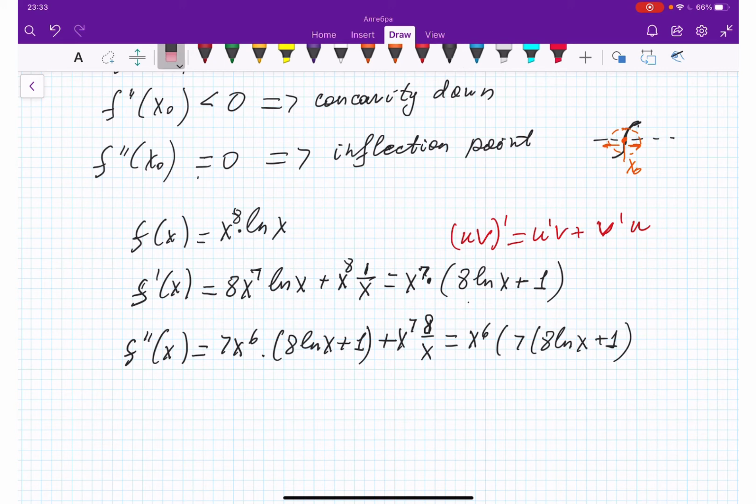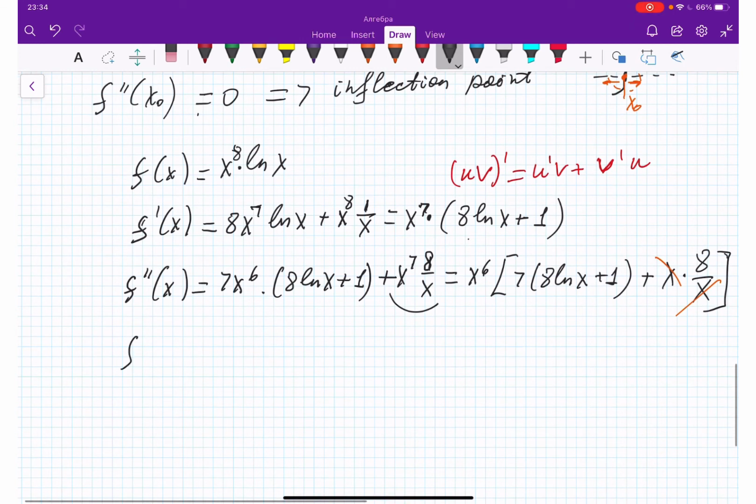Let me put a square bracket here. And plus, from this piece, we are going to have x times 8 over x, where this x and x are gone, so we have only 8 left. So let's simplify.